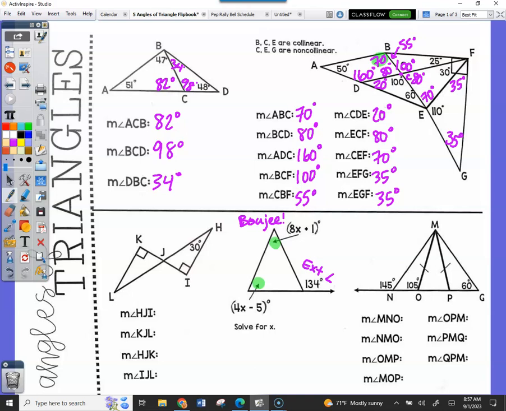The bougie angle equation is the two angles that are not touching the exterior one add to equal the exterior one. So this plus this will equal that. So we've got 4x minus 5 plus 8x plus 1 equals 134. And that's your equation.